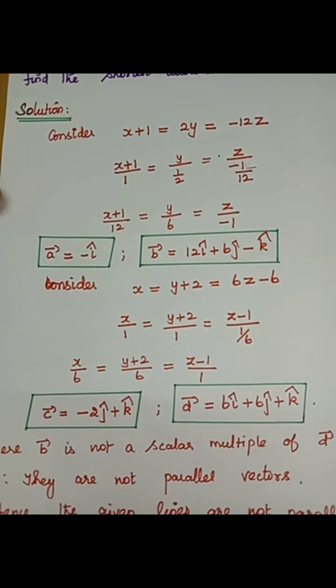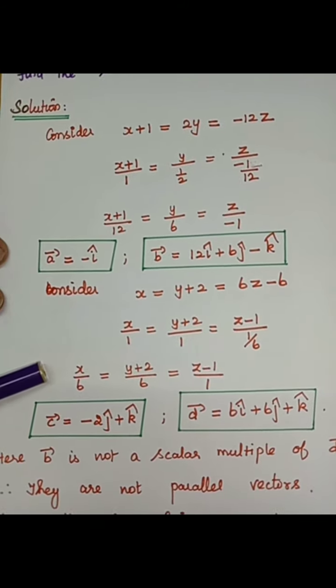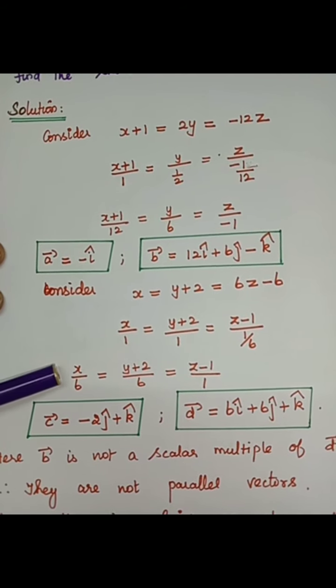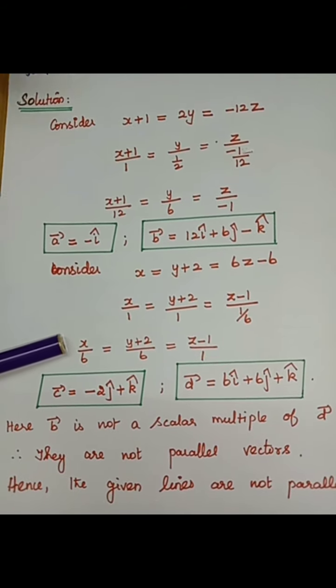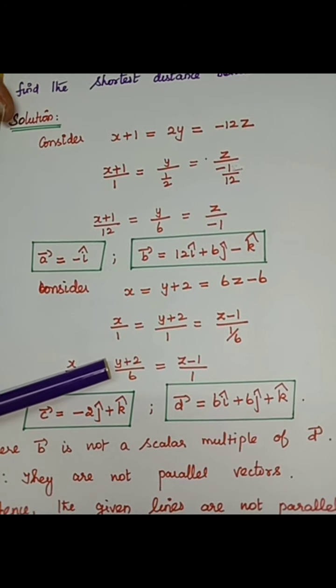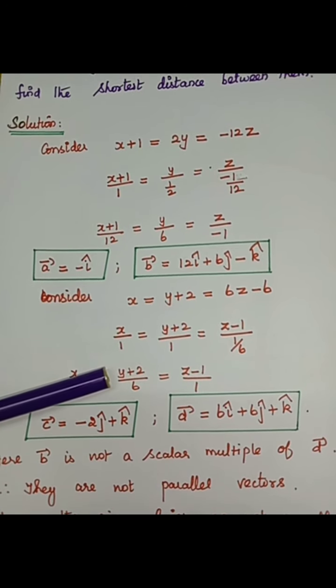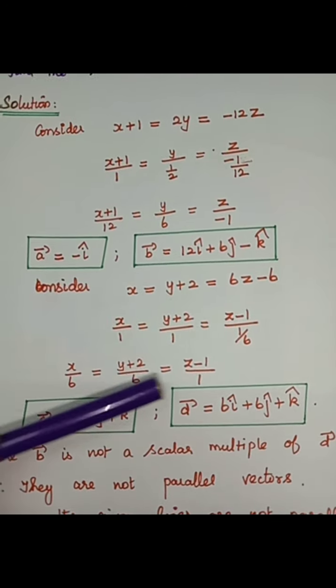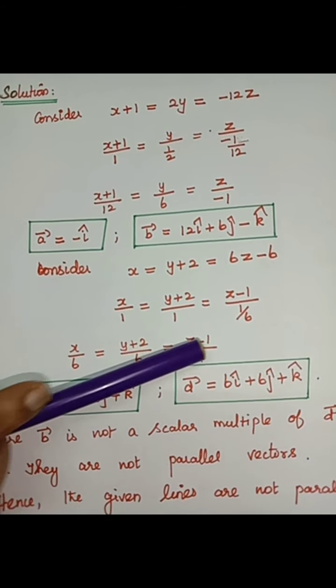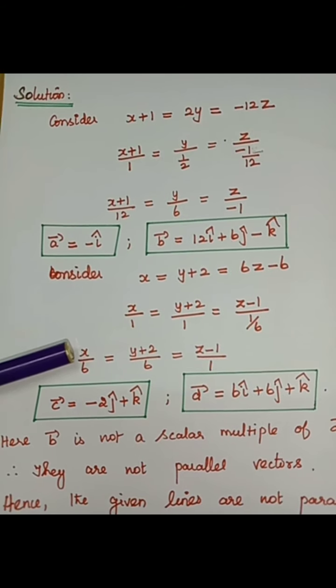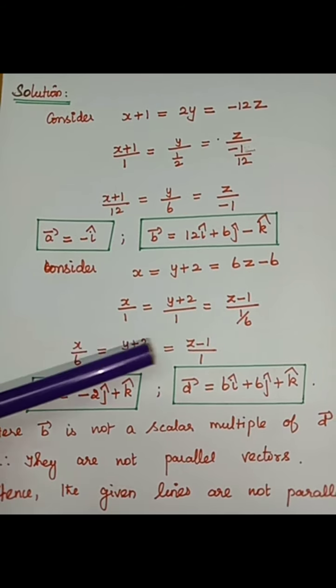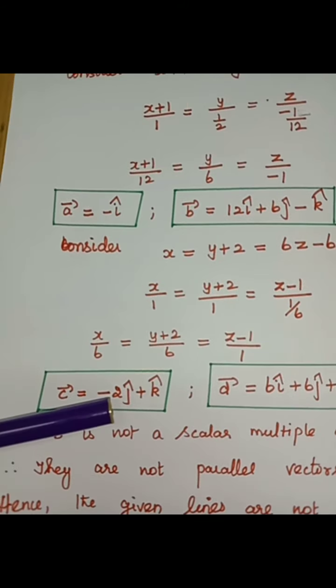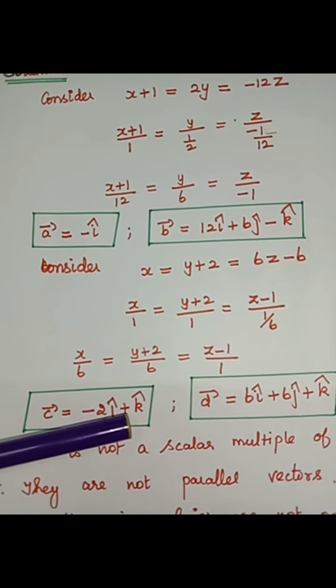From the numerator you have to take the passing point. Here x is there, so x minus 0. Here y plus 2 can be written as y minus of minus 2, and here you have z minus 1. So the point is 0, minus 2 and 1. So C vector is minus 2j cap plus k cap.